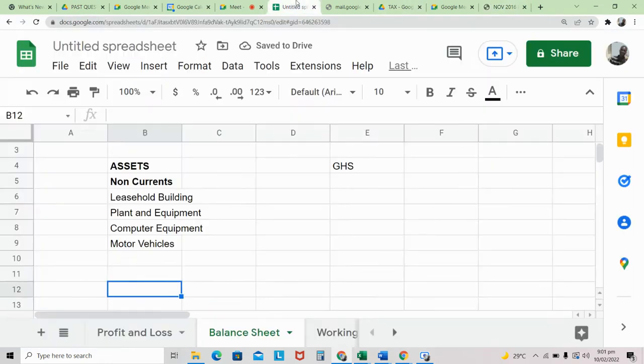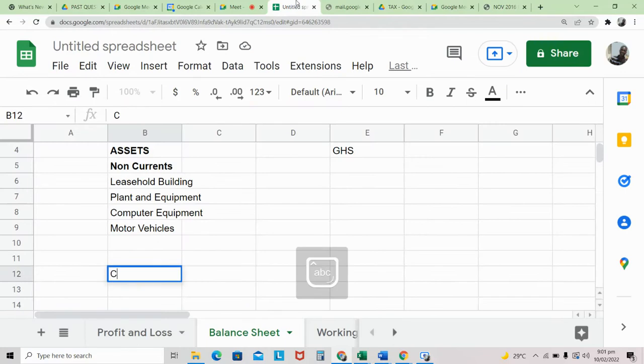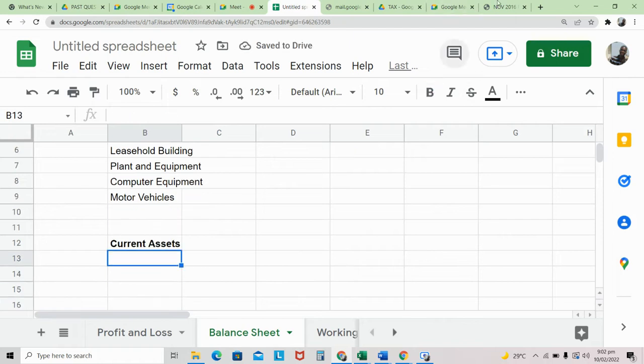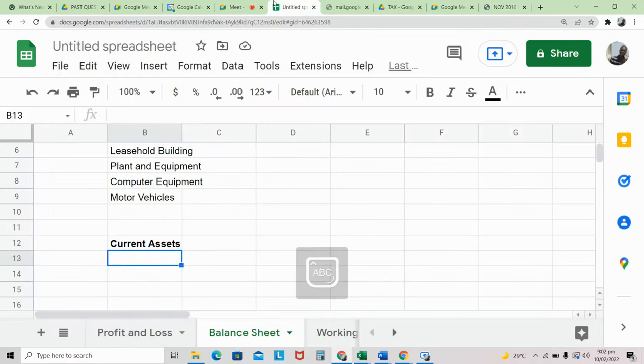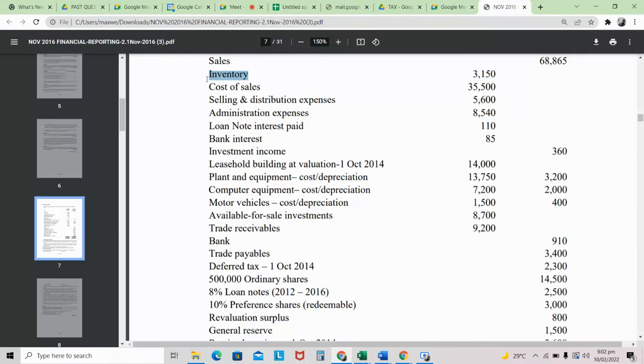Let's go to current assets. What do we have? We have inventory. Inventory is a current asset, so we put it here. Then what else? We have available for sale investments.